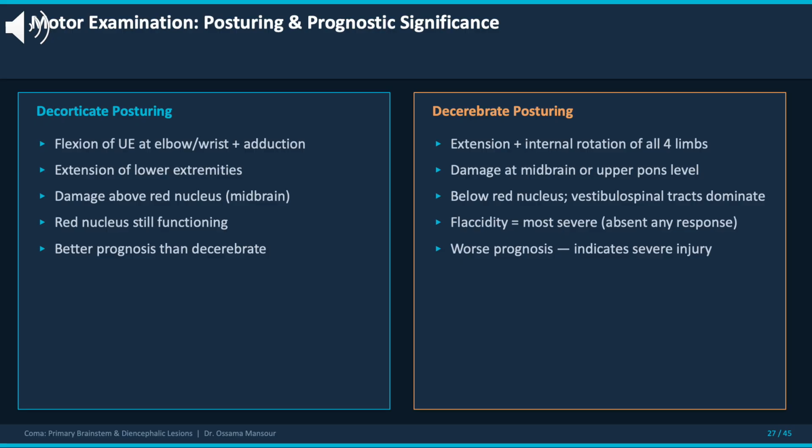This pattern suggests damage at the level of the midbrain or upper pons below the red nucleus, with the vestibulospinal tracts now dominating motor output and producing extension. Decerebrate posturing generally indicates more severe injury and carries a worse prognosis than decorticate posturing.